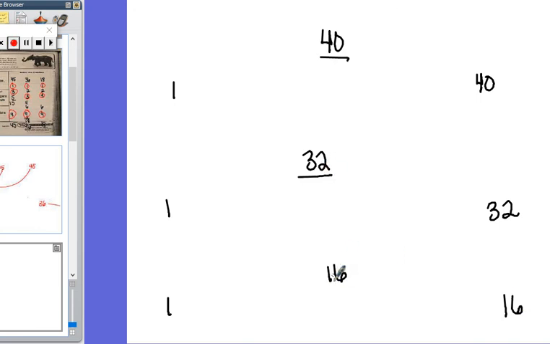So these are the numbers that I'm going to be working on. I'll start with 1. I know 1 times each number is that, so I already got that. They all have 1s in common. Then let's think about the next number, 2. So 2 would work for all of them.